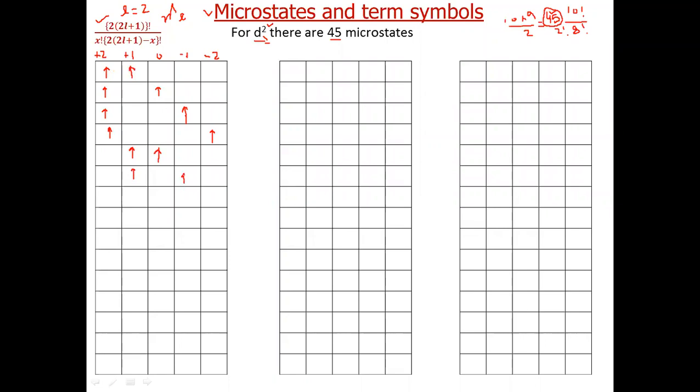You have to be very careful while drawing this so that we do not skip any microstates or any arrangement, and no arrangement should be duplicate. Next, start from here. This, this, this, this. Now next is this.